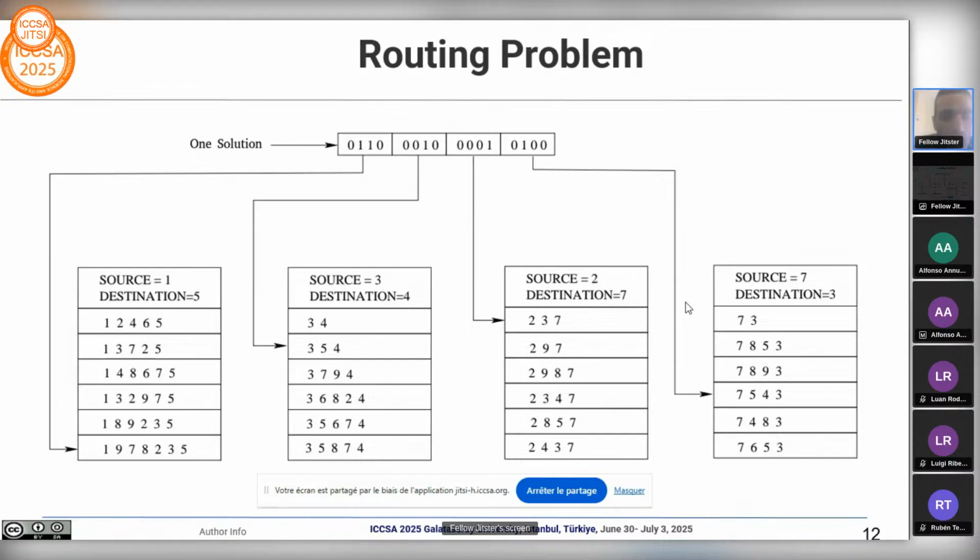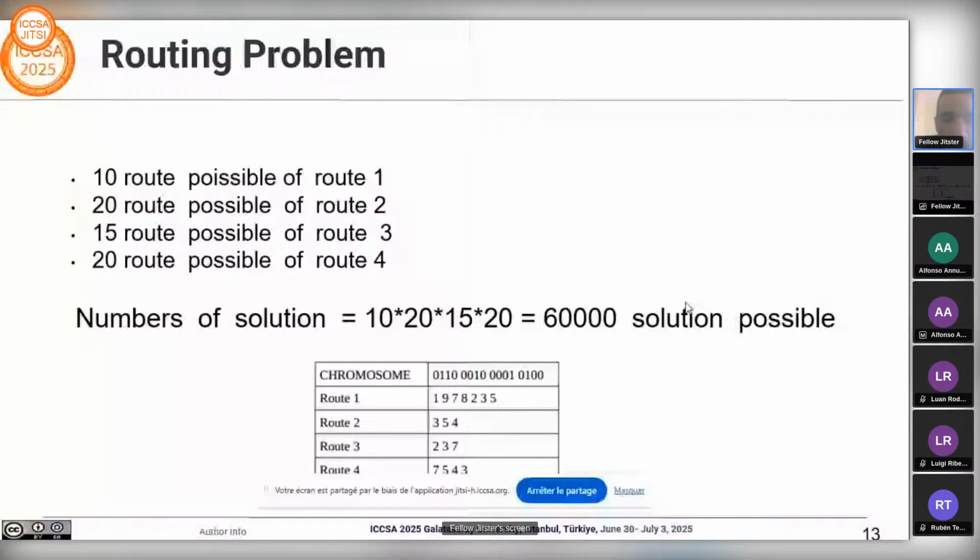For this example, if we choose one route between source and destination, and every source-destination pair has many routes, we have 60,000 possible solutions, and we must try to find the best solution.